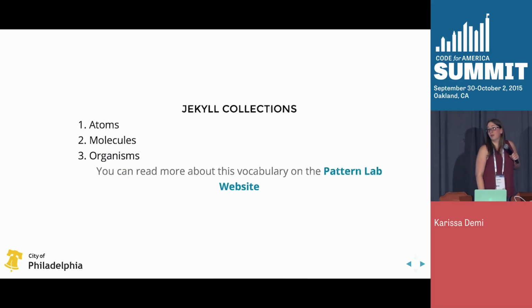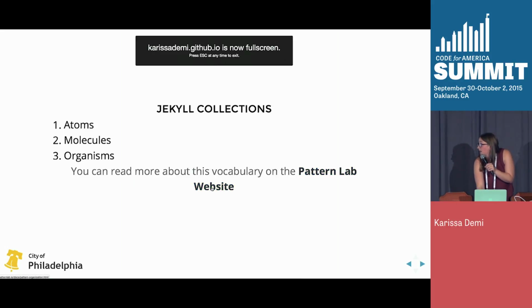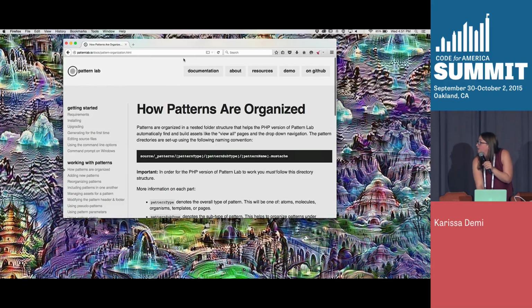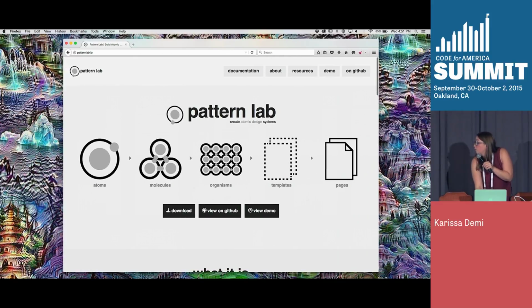So I mentioned Pattern Lab earlier in the presentation, and the truth is that we really took a lot of ideas from Pattern Lab. And let me just see if this will update here. Let me click this guy. Here we go. So patternlab.io is really cool.